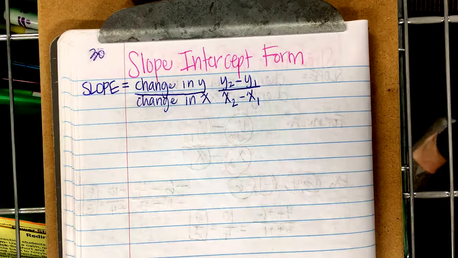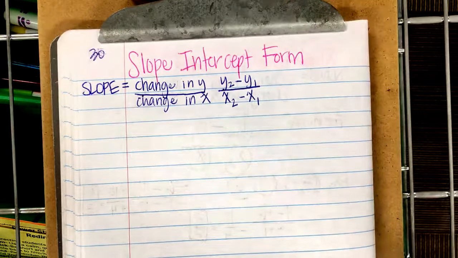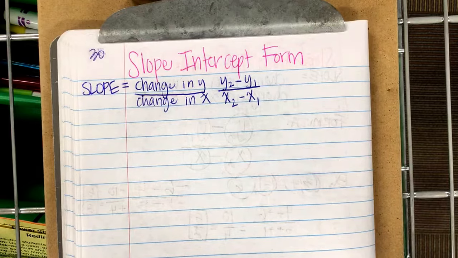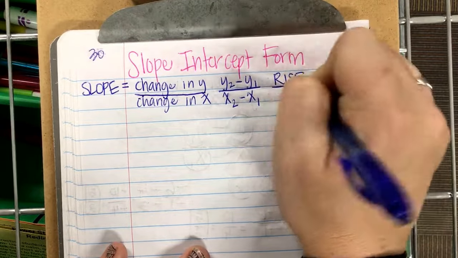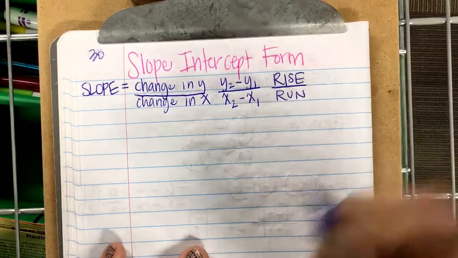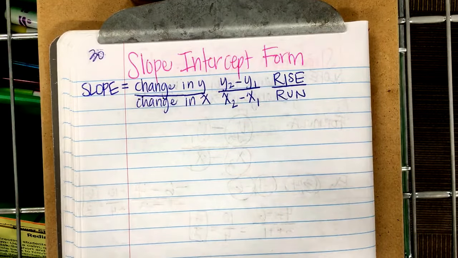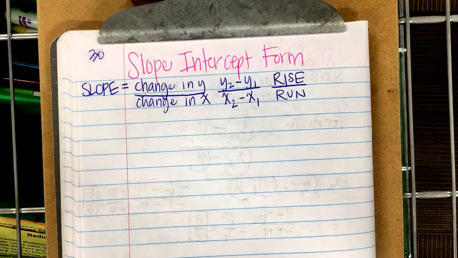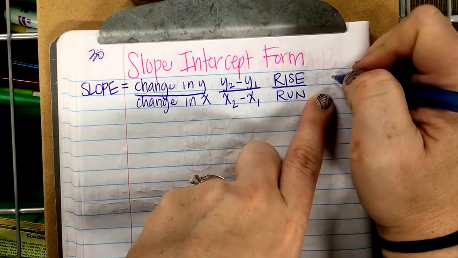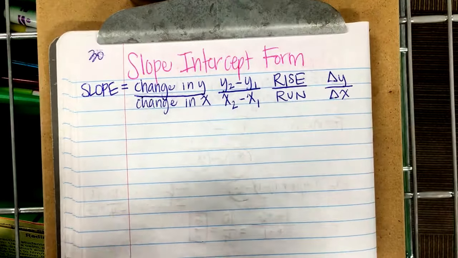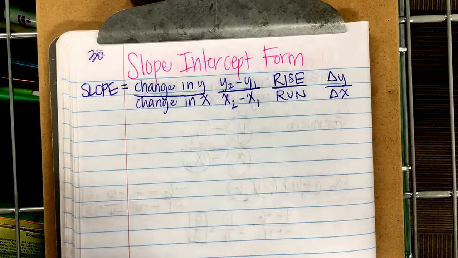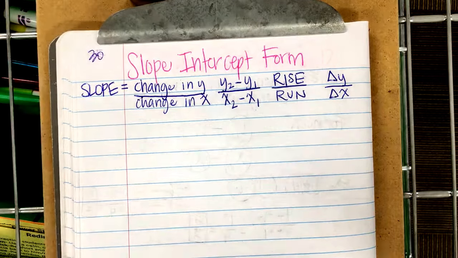If you have a picture of a line, what's the third way of finding slope? Rise over run. If you want to get real nerdy about it, that triangle is the Greek symbol delta.